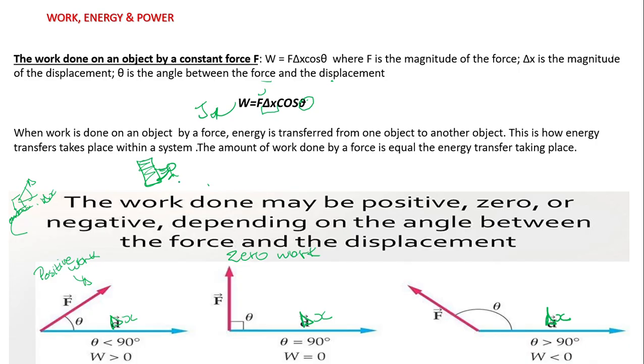If there's no displacement, the force multiplied by 0 displacement gives 0. So when the angle is 90, you're going to have 0.